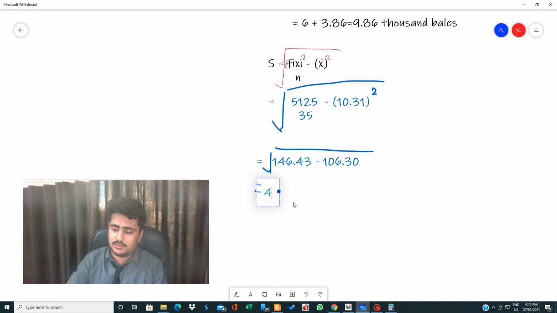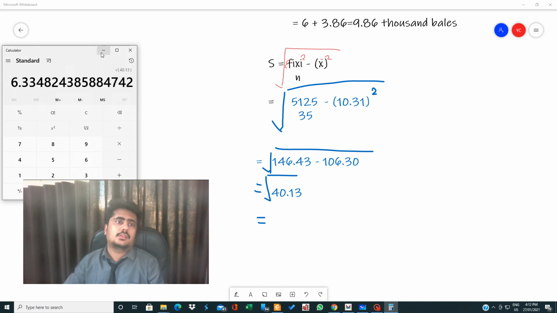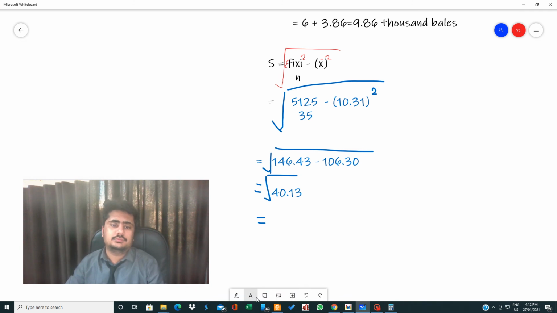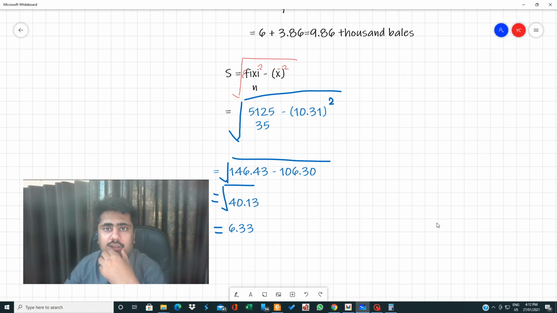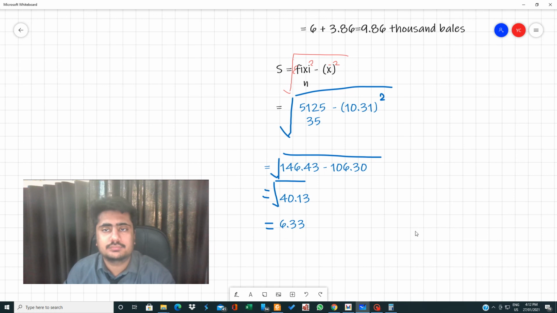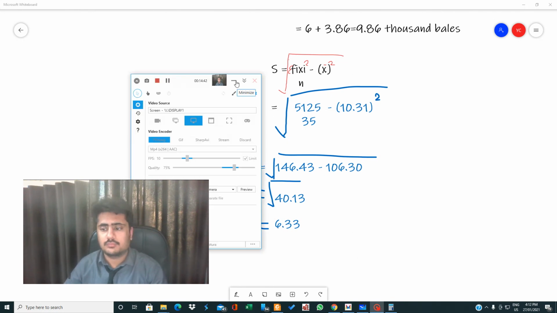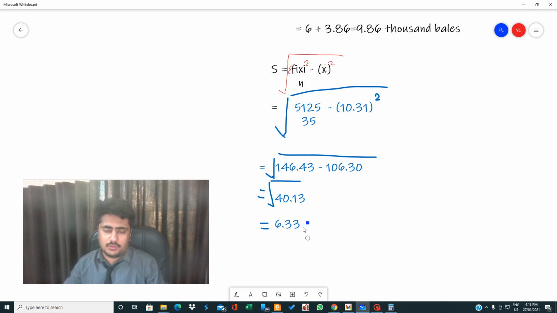That is 40.1. The square root gives 6.33. So this is also 6.33.